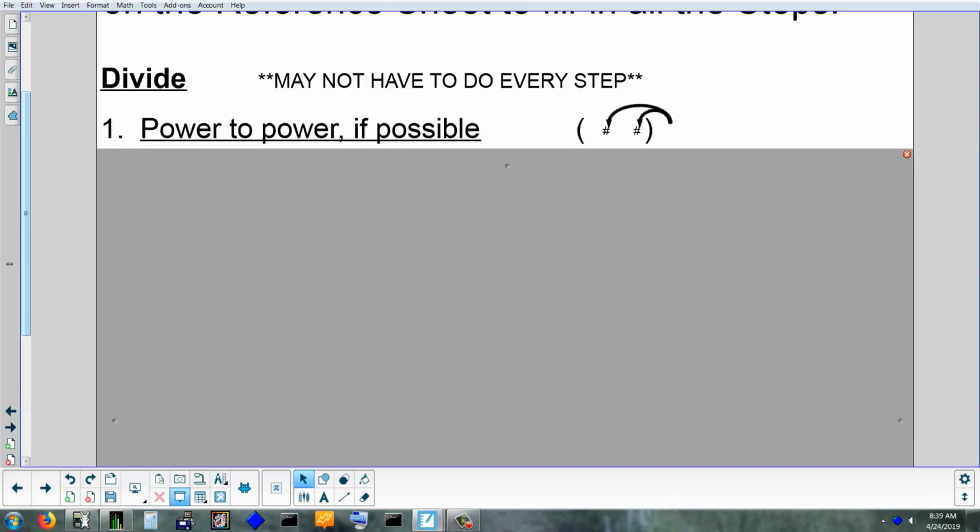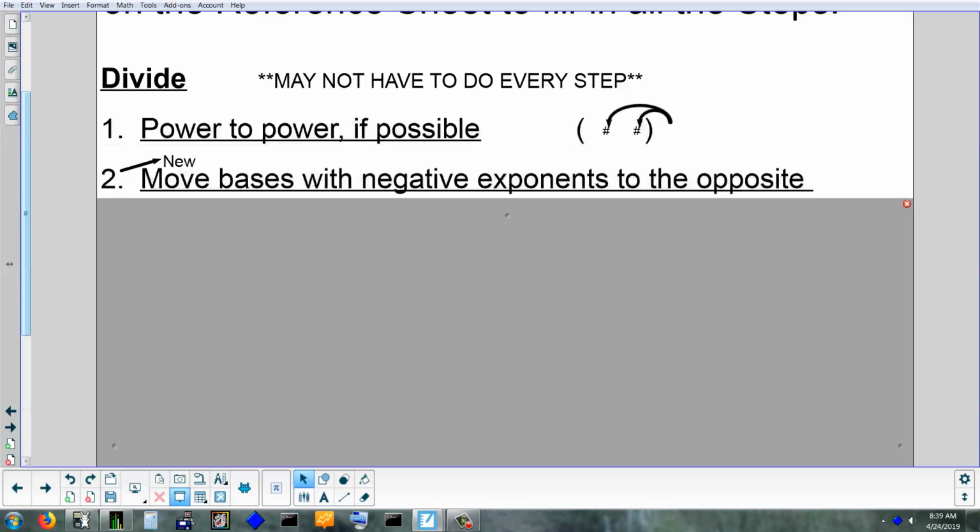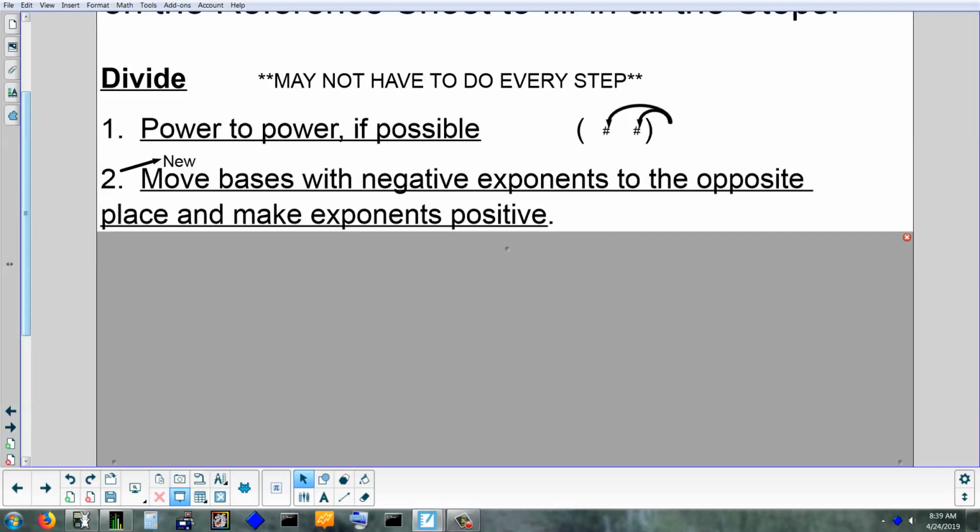All right? Step 2, that's going to be the new one. So if we have power to a power, we'll do that. If not, we'll move to this step. If we have negative exponents, but this is a new thing from today, we're going to move them to the opposite spot. And that'll move the base, and then that'll make the exponent positive by putting it in the opposite spot.